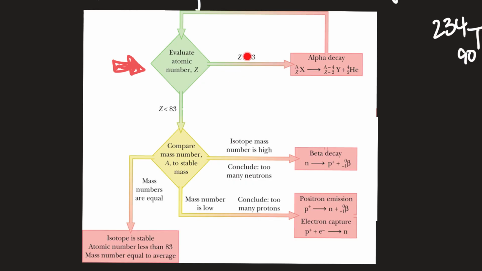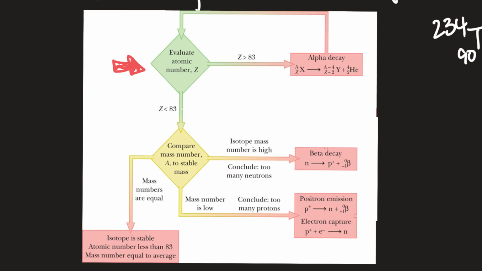If it's not greater than 83, then you compare the mass number A to the stable mass. What do we mean by stable mass? You want to look at the average atomic mass that you find on the periodic table, because you want the mass numbers to be relatively close to that average.